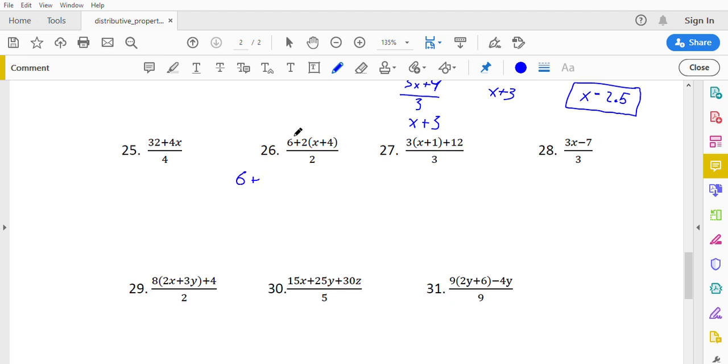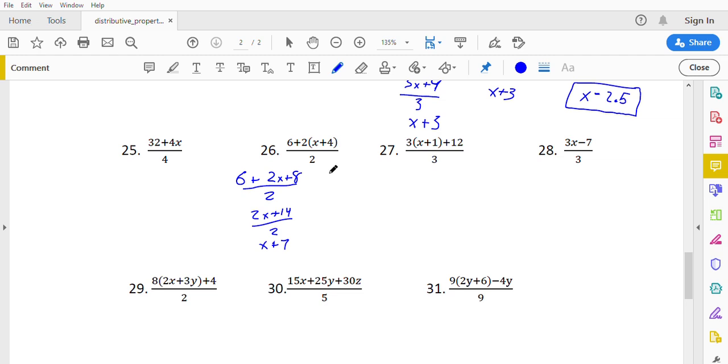6 plus, okay, distribute 2x plus 8 over 2. 6 plus 8, okay, again, 14. 2x plus 14 over 2, and let's distribute this 2. It's going to be x, and 14 divided by 2 is going to be 7.